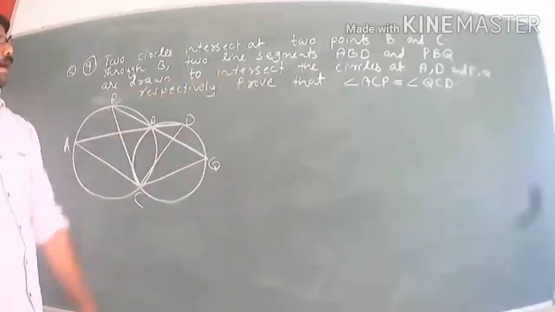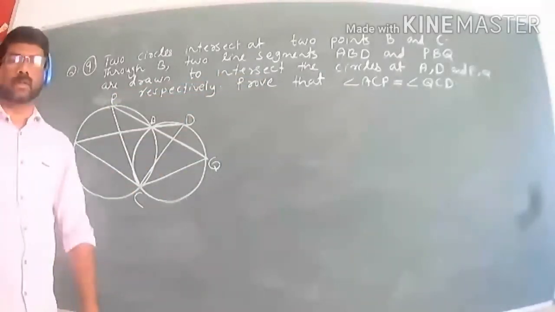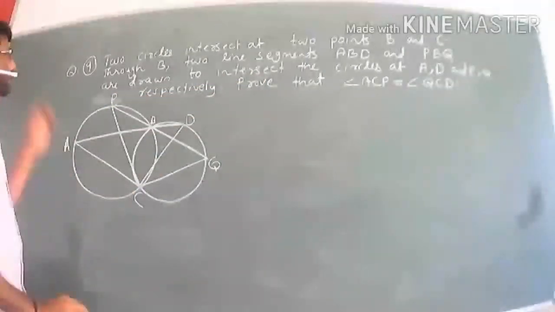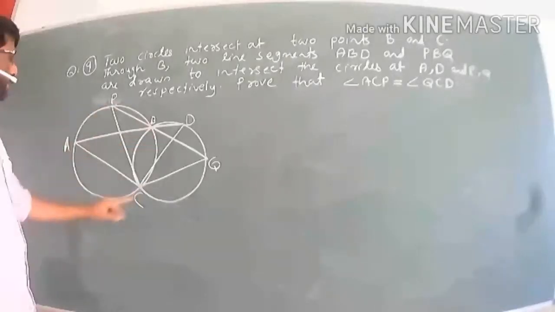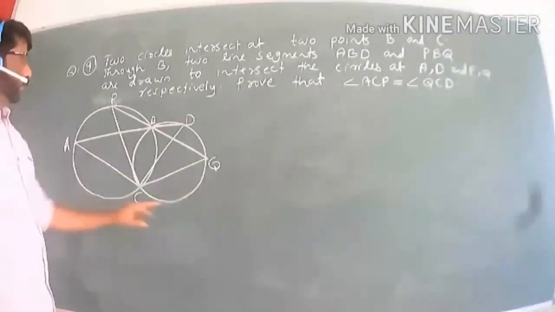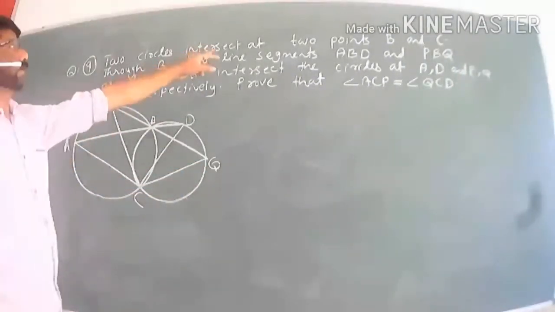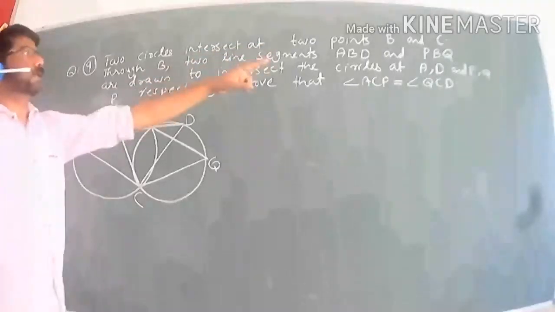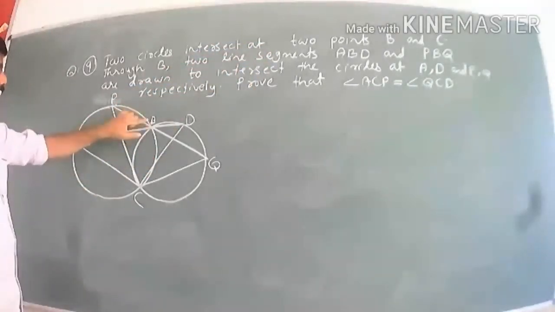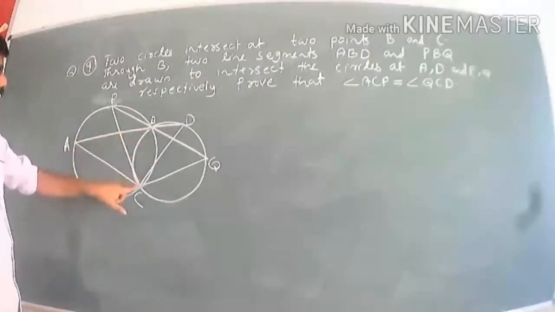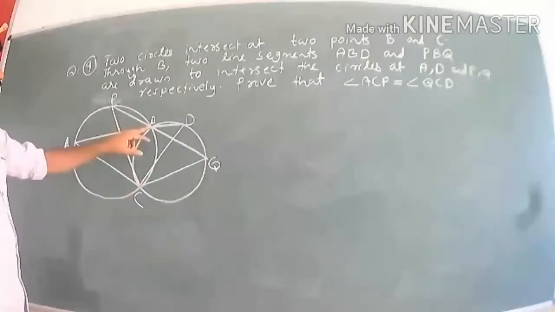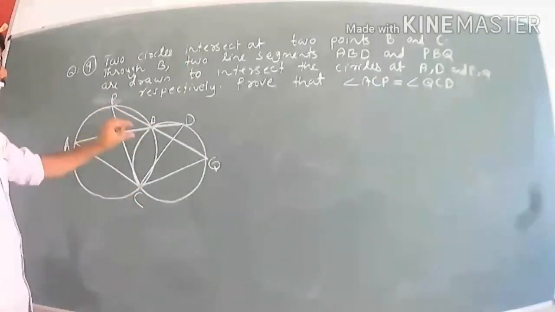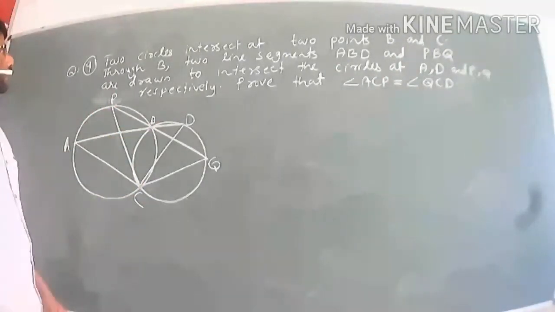Prove that angle ACP is equal to angle QCD. This is the question. So here there are two circles, one big circle and one small circle. They intersect at two points B and C.